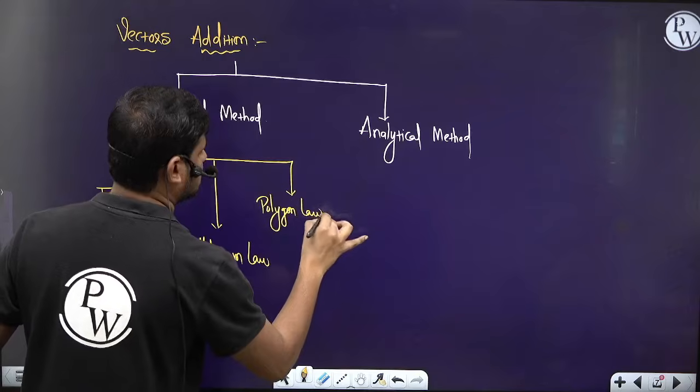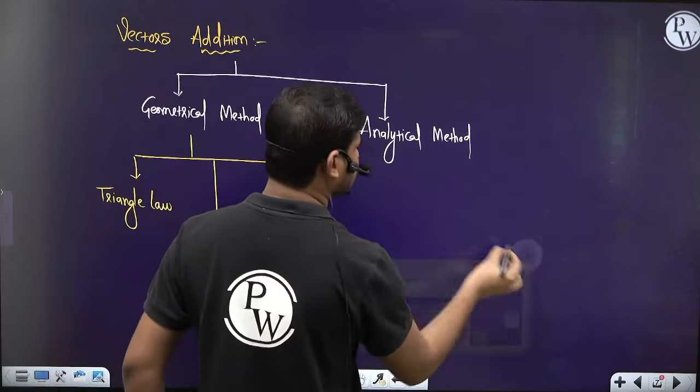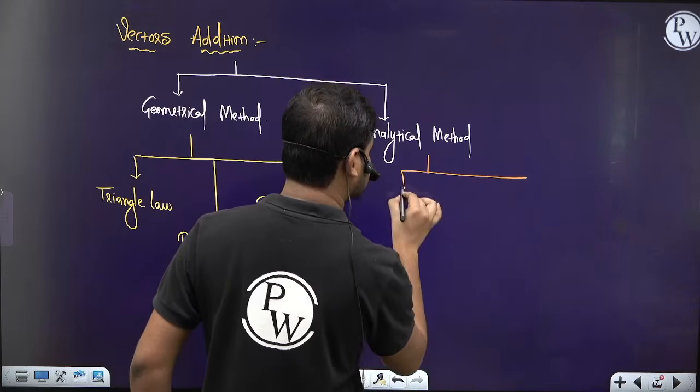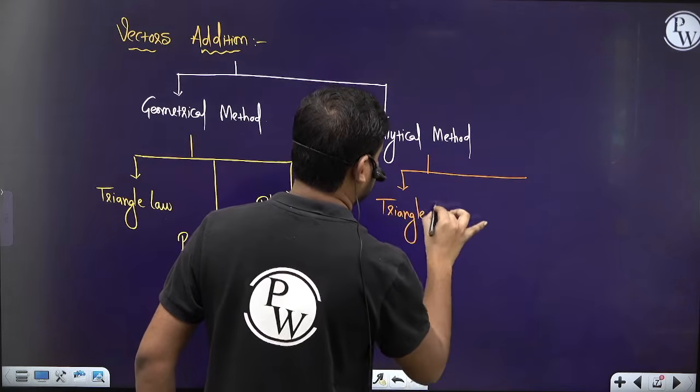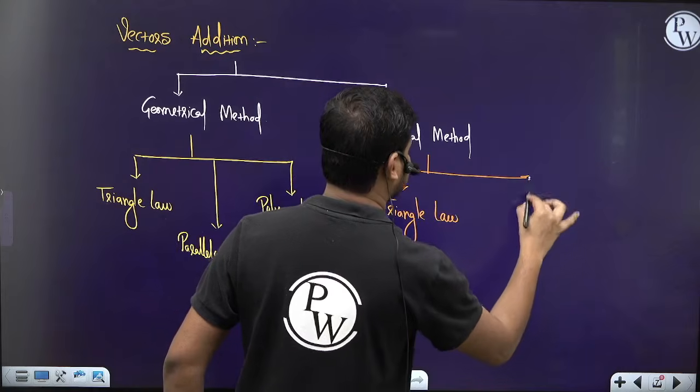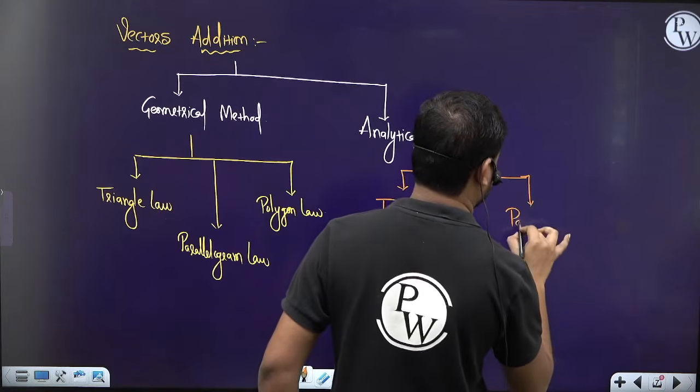In the analytical method, there are two: one is the triangle law, and the other is the parallelogram law.